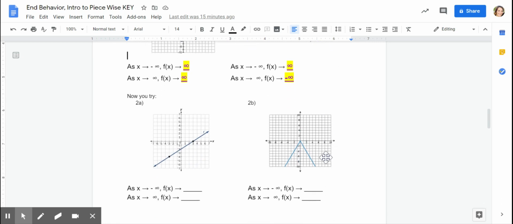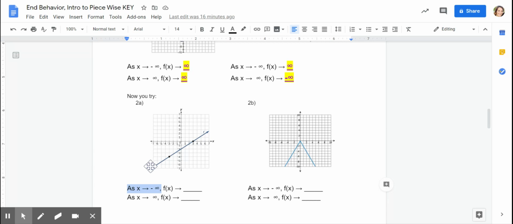All right, so when you try yours, same idea. As x approaches negative infinity, all I'm asking you is look to the left of your graph and tell me what the end is doing. Is this end going up?